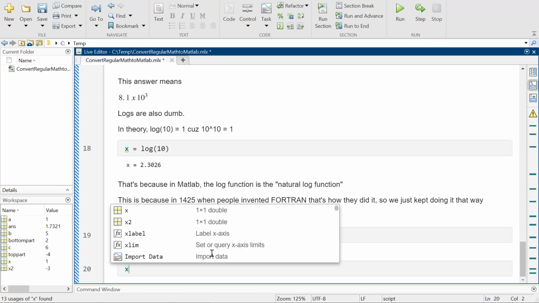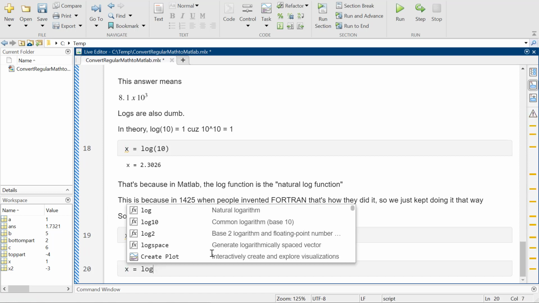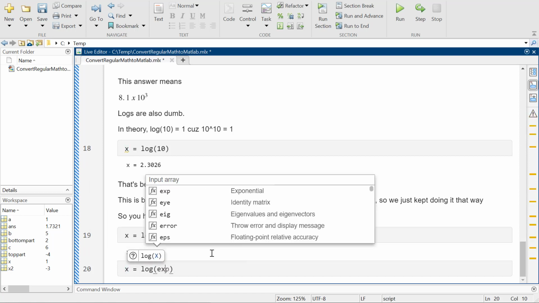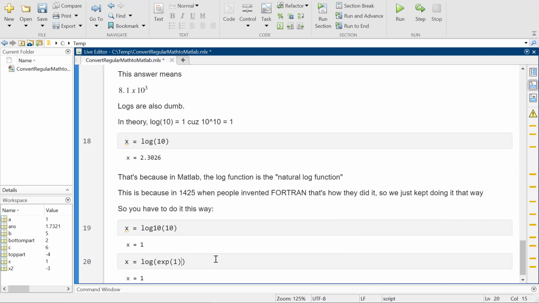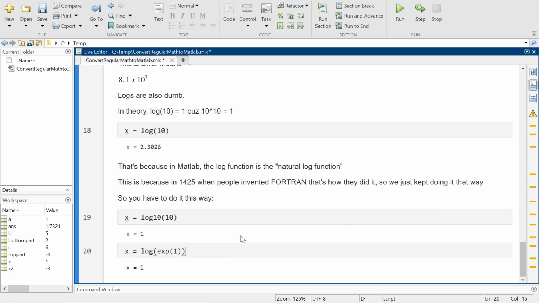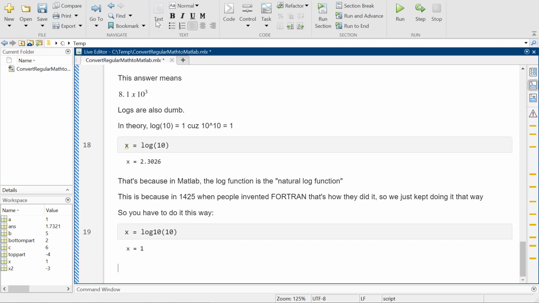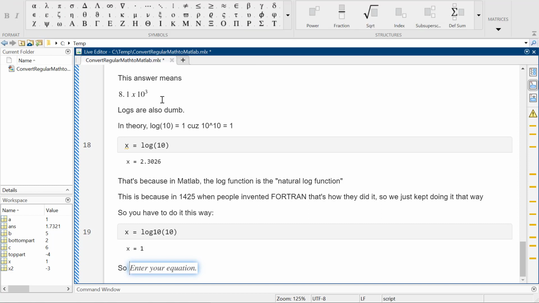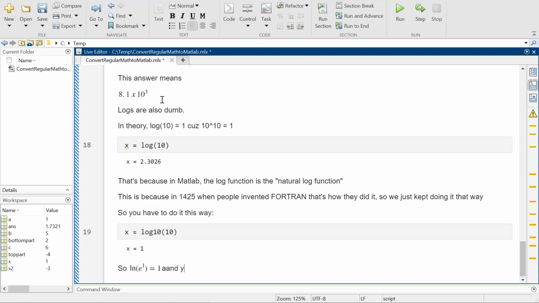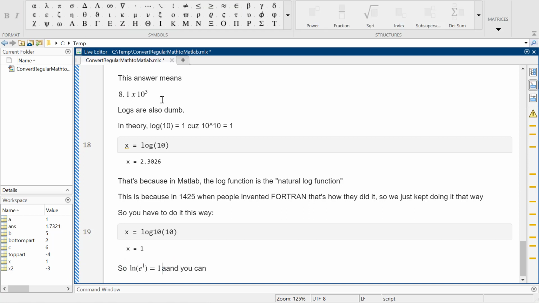If you wanted the natural log of e to the 1, it equals 1, so that's good.